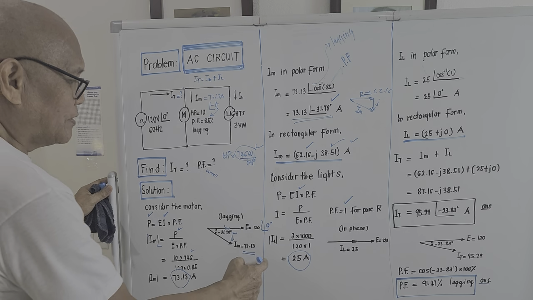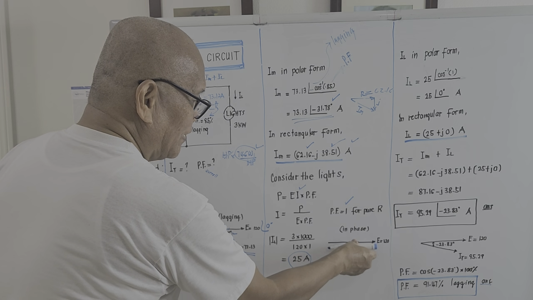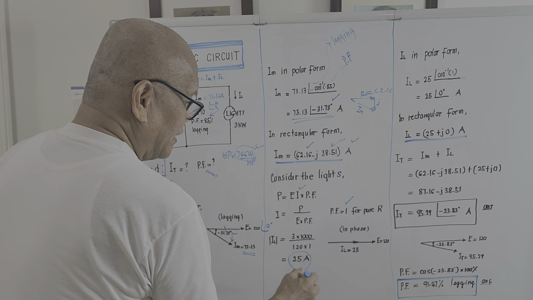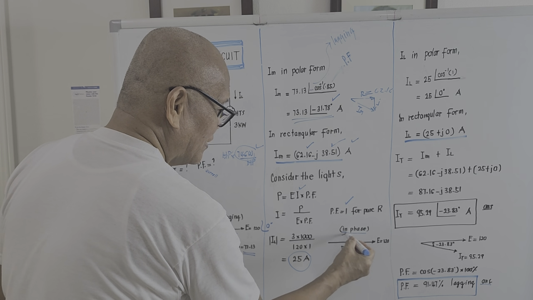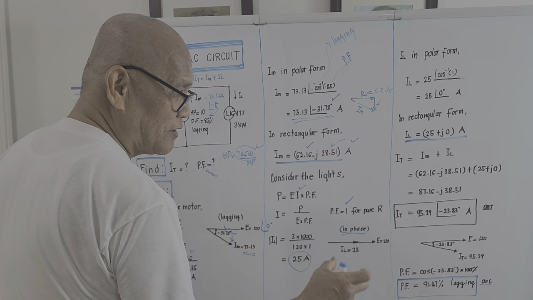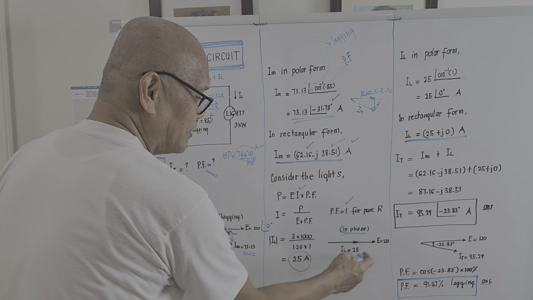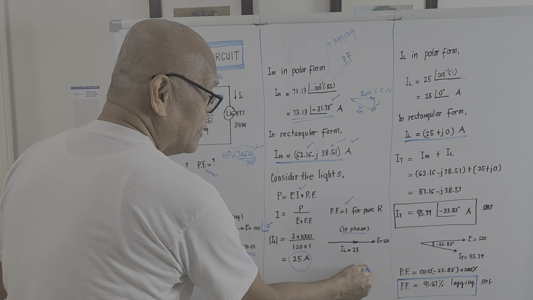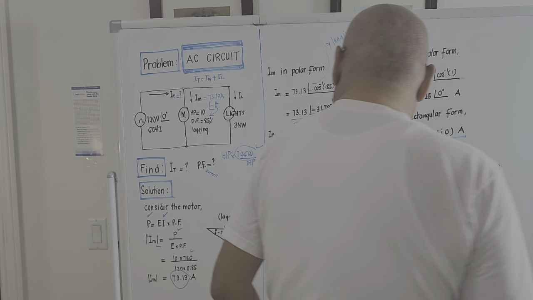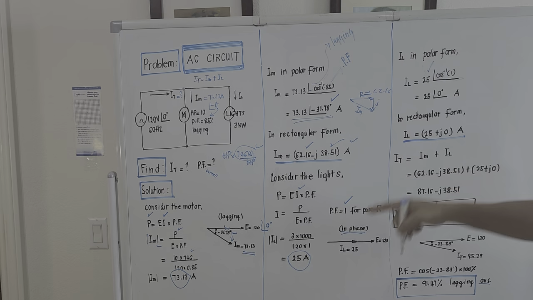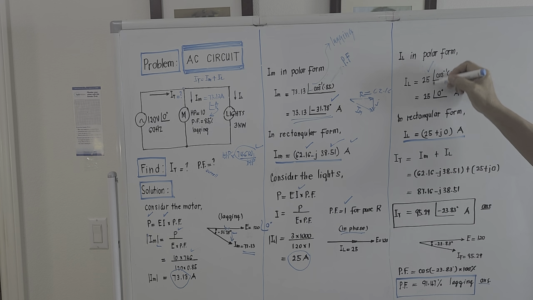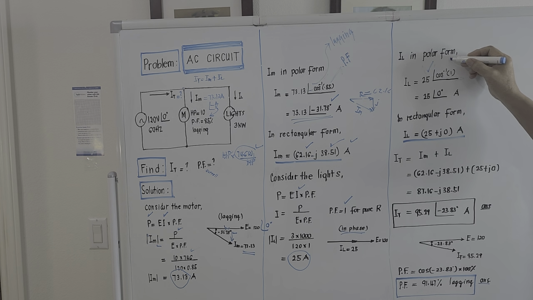And the graph of this is this. This is the applied voltage 120, and the current is in phase. That's why I place it here: in phase, there is no phase angle difference between the applied voltage and the current. So if we convert IL to polar form, it will be the computed magnitude, and the angle will be the arc cosine of the power factor.